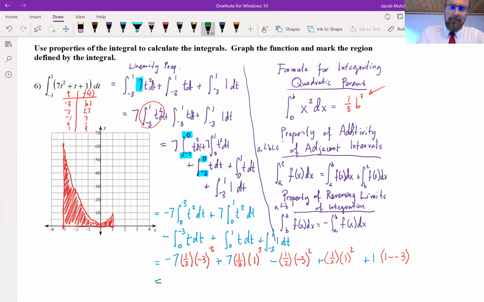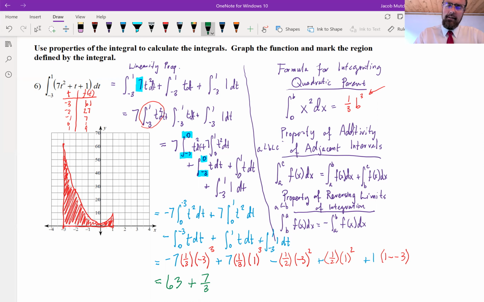So we're just going to multiply out. So -3 to the power of 3 is -27. And if I divide that by 3, multiply by a third, that's going to be -9 times -7 is going to be +63. For my second term here, 1 cubed is 1 times a third is a third. So this is +7/3. Okay, my third term, -3 squared.